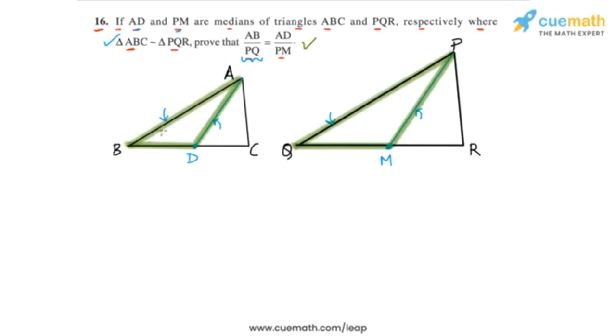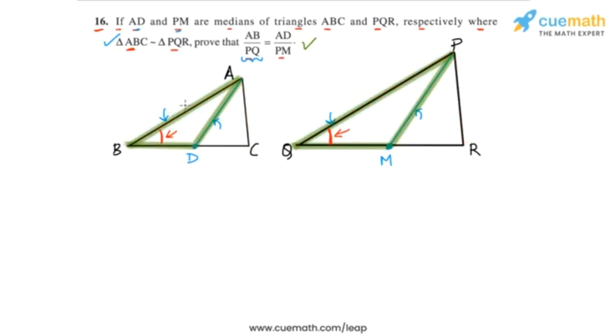Well, this angle that we have at B must be equal to the angle at Q, because the whole triangles ABC and PQR are similar. So let me highlight the two triangles ABC and PQR. So this angle we know must be equal to this angle, and also the sides containing this angle in the triangles ABD and PQM.